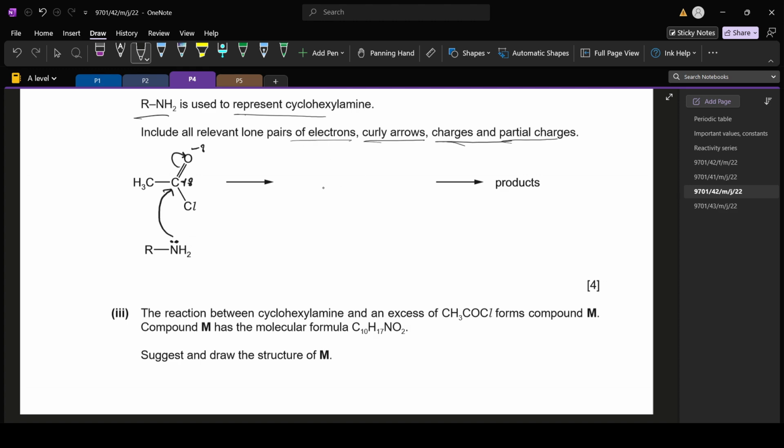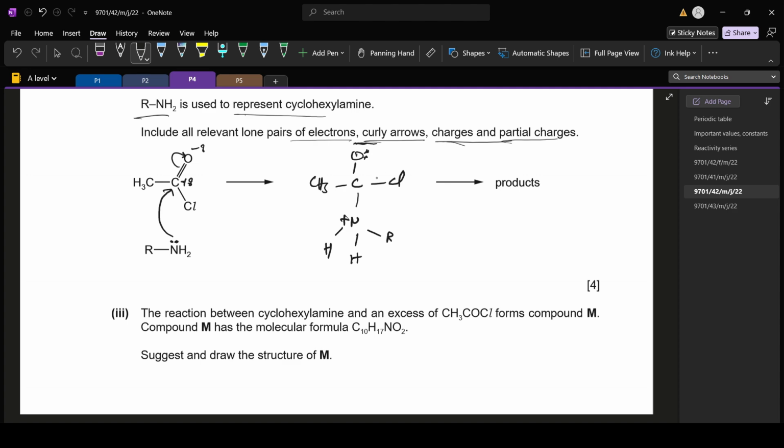So it will form CH3CO with Cl carrying a negative charge, and the cyclohexylamine will be attached. This is your intermediate.